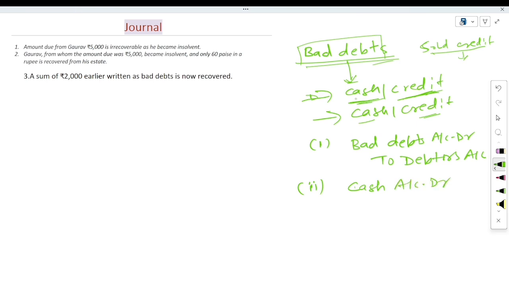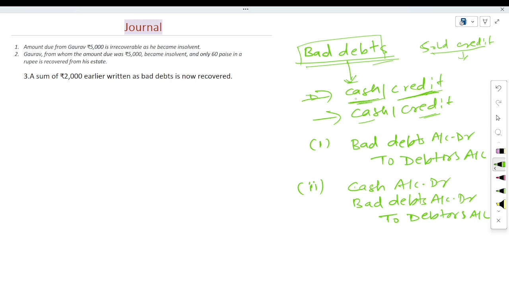Then a part of your amount will also become bad debts. So the other entry we will pass here is bad debts account debit, to debtors account. This entry we will use when a partial amount is received and the partial amount becomes bad debts.